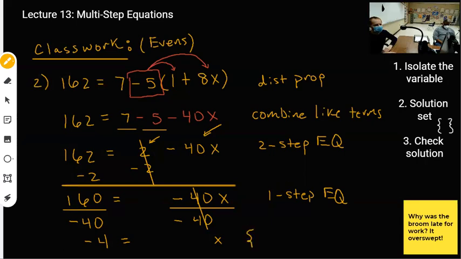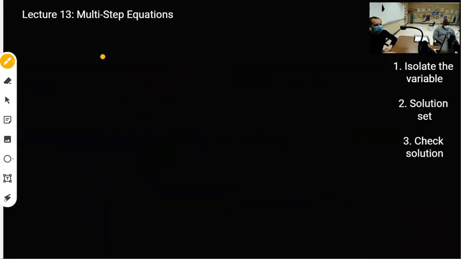So what I'm going to do is draw my solution set, and I'm going to put -4 on the inside. And that's my second step. Now the third step is I need to check my solution. I need to make sure that -4 is actually going to work here. So on the next slide, I'm going to start off with my original equation: 162 is equal to 7 minus 5 times (1 plus 8x).